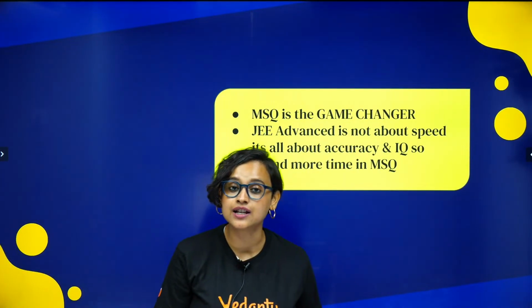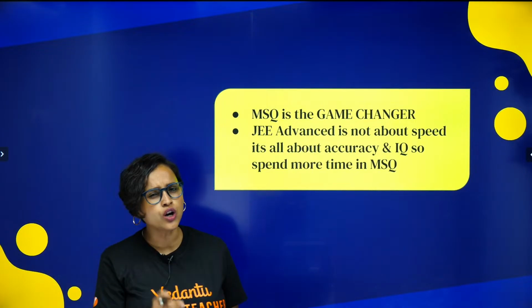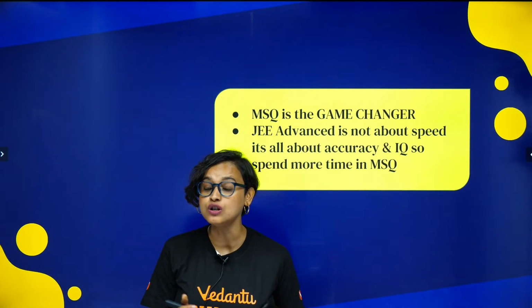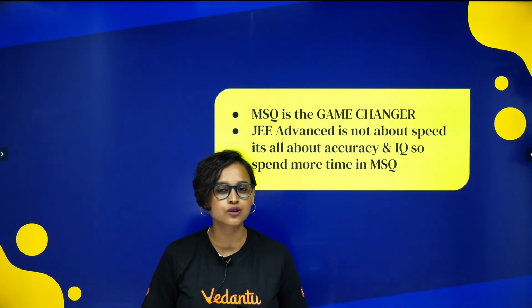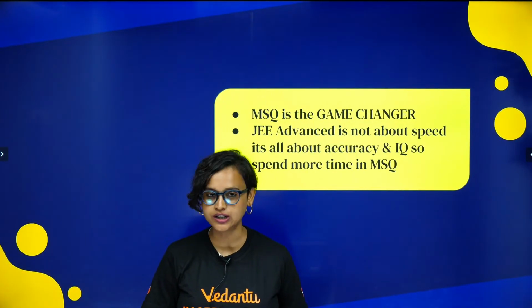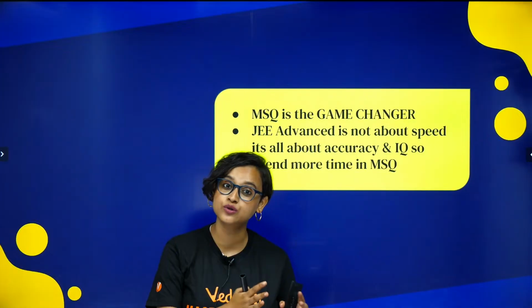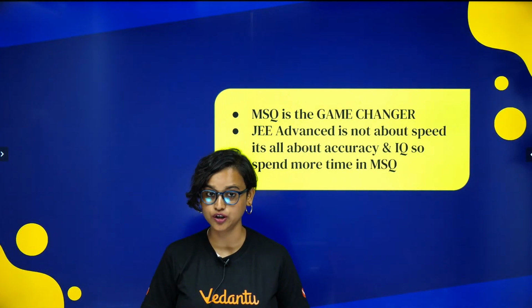Now in this case, what is JEE Advanced trying to gather from the answer? They're not trying to look at the speed. They're not trying to look at how fast you can solve the questions. Not at all.